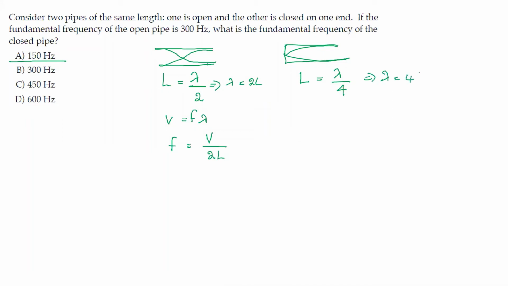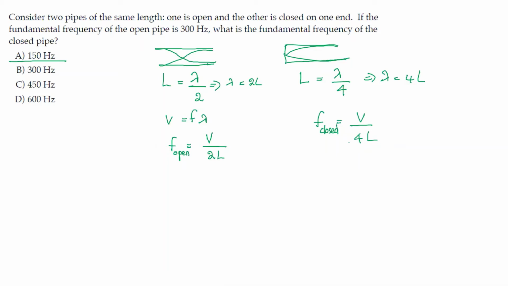Here lambda is 4 times L, therefore my frequency here is V divided by 4L. So I quickly wrote down the two frequency equations: this is for the open one, and this is the frequency for the closed pipe.